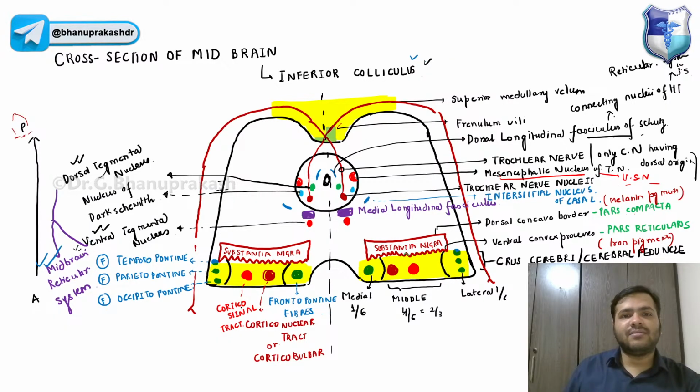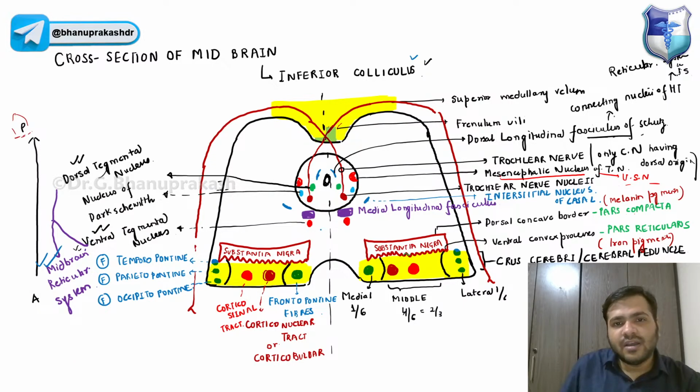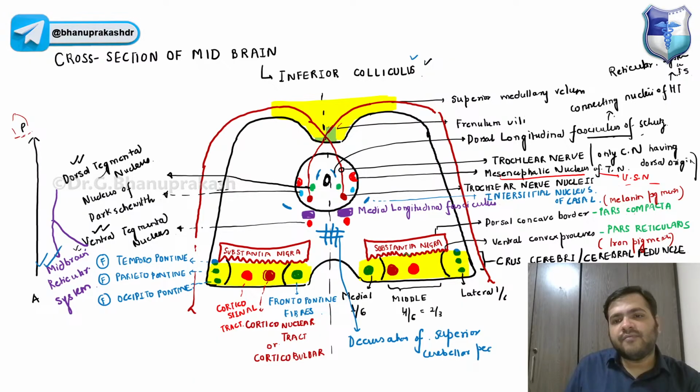In the midline, we have this decussation, and that is called the decussation of the superior cerebellar peduncle.